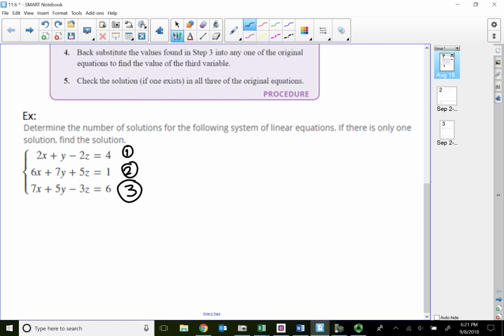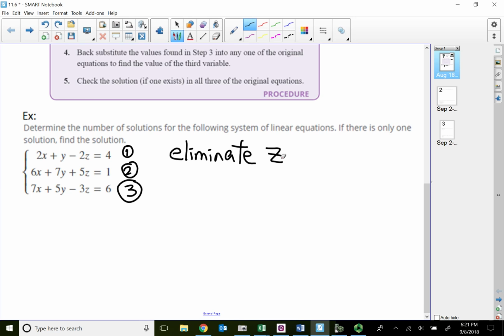I see the variable z has a smaller coefficient, so the multiples of 2, 5, and 3 are probably not going to be as big as compared to the coefficients for y and x. Okay, so I'm going to eliminate z.